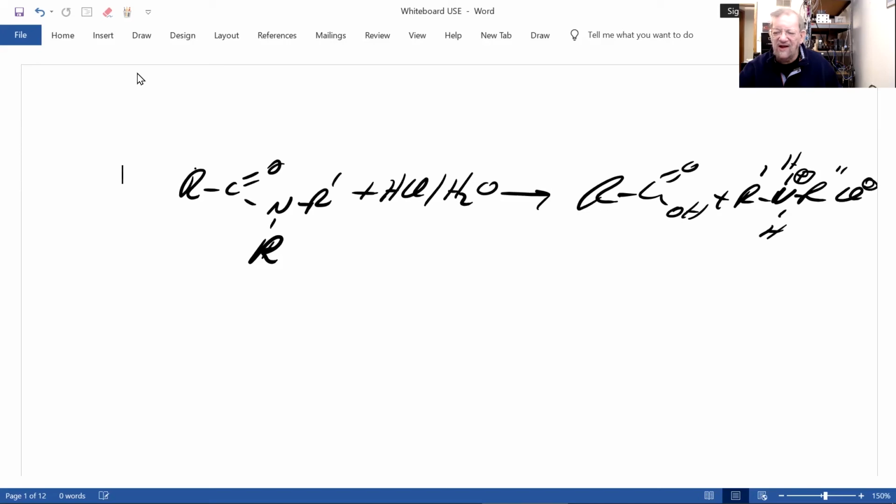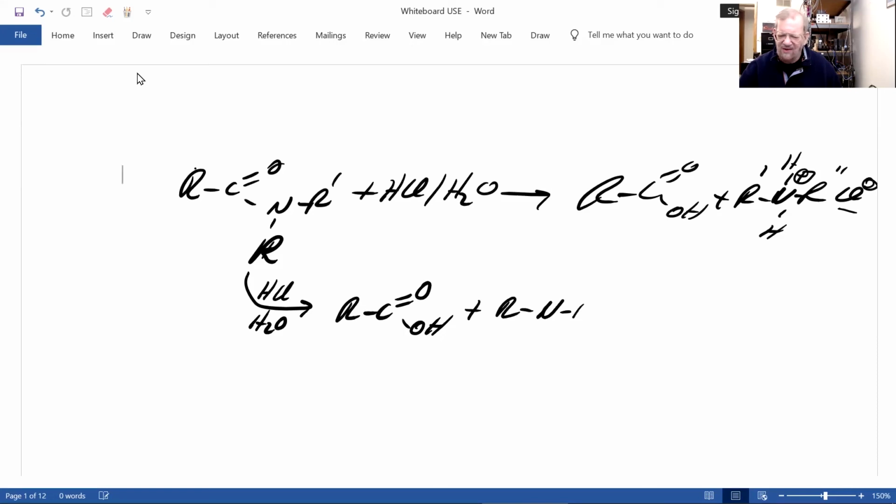Since you could have other acids, but I'm going to stick to chlorine, the counter ion is chloride. Well, here's what happens. When you add the HCl and water, and I'm not going to go through all the mechanisms, you get back the carboxylic acid you would have used to make that amide, and you get back the amine. Why don't you write that down, Dr. White?